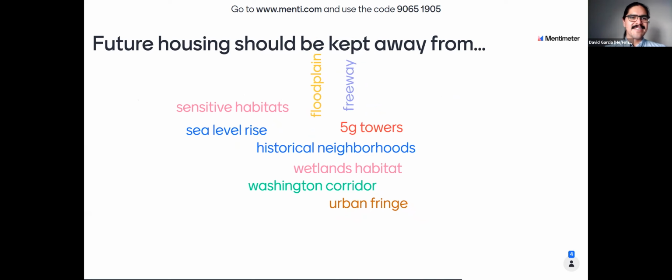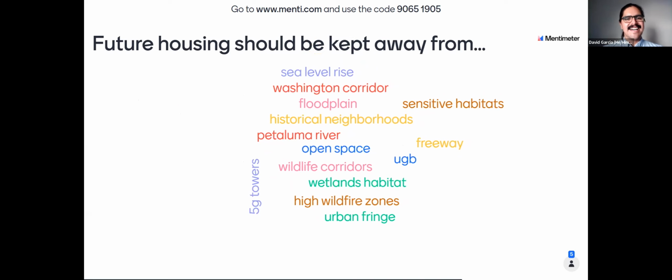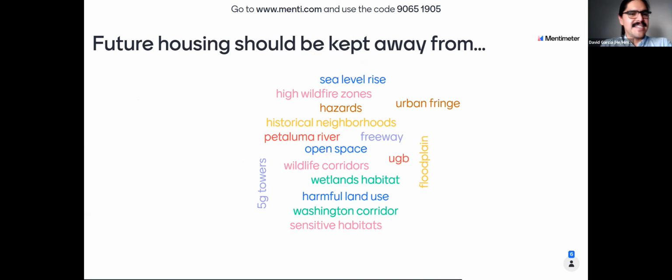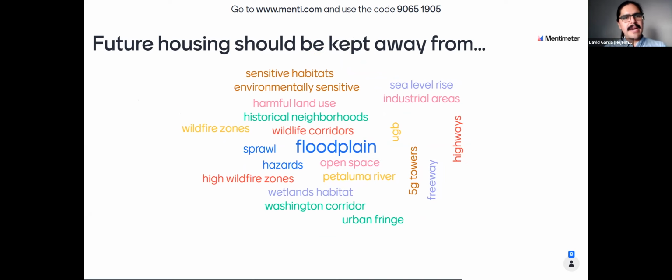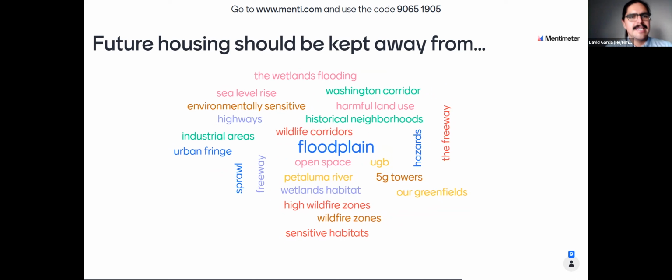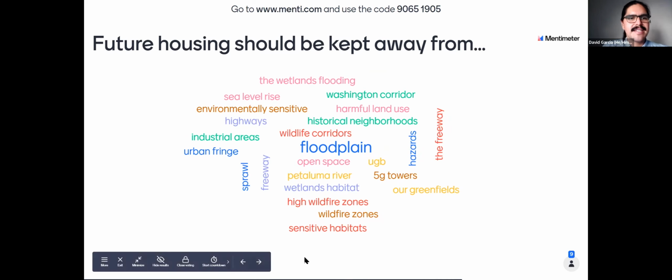We see the floodplain, we see habitats, wildfire. We see also the Petaluma River, noting our urban growth boundary and avoiding the urban fringe and industrial areas. Definitely keeping away from environmentally sensitive areas and wildlife corridors.